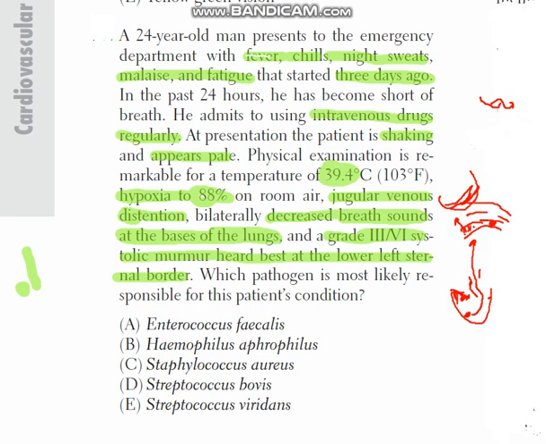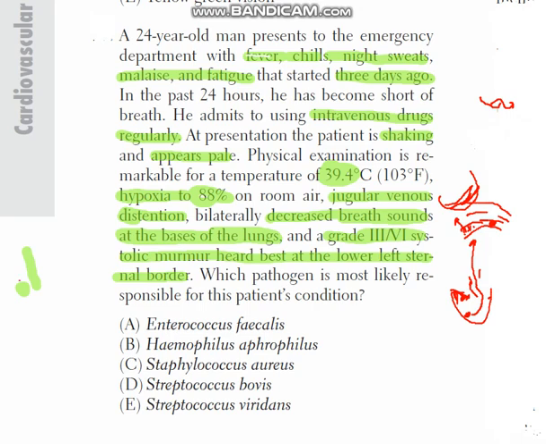So we understand the scenario: the patient admits he is continuously using something intravenously, so Staphylococcus aureus entered his blood circulation and affected the right-sided endocardium, including the tricuspid valve, where we hear the murmur at the lower left sternal border.